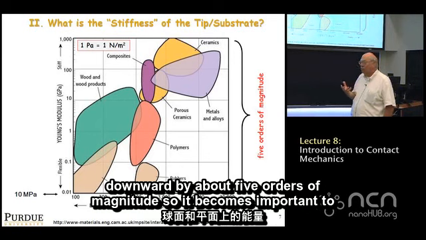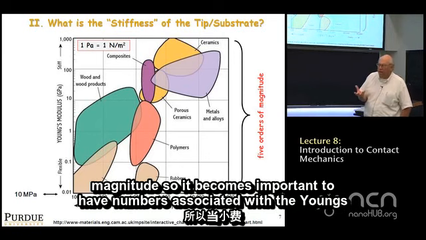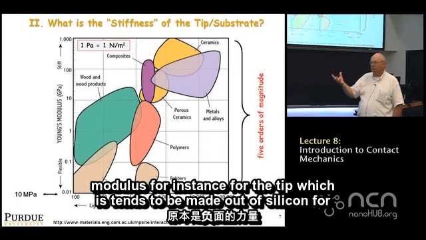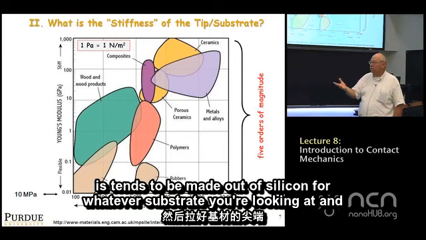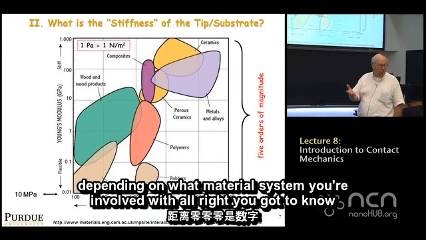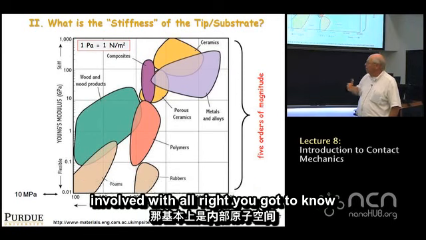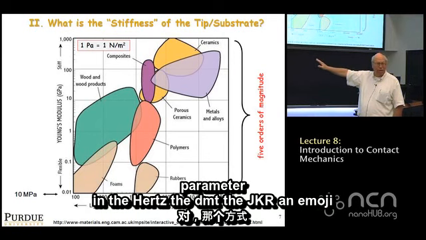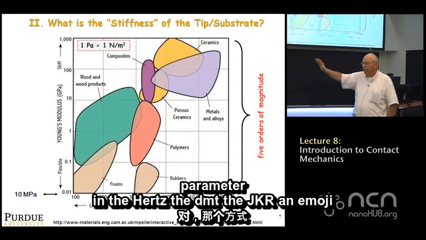So it becomes important to have numbers associated with the Young's modulus. For instance, for the tip, which tends to be made out of silicon, for whatever substrate you're looking at. And depending on what material system you're involved with, you've got to know roughly where the Young's modulus is, because that's going to be an important parameter in the Hertz, the DMT, the JKR, and the Maugis model, right?